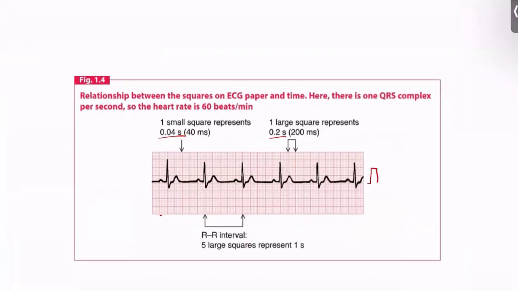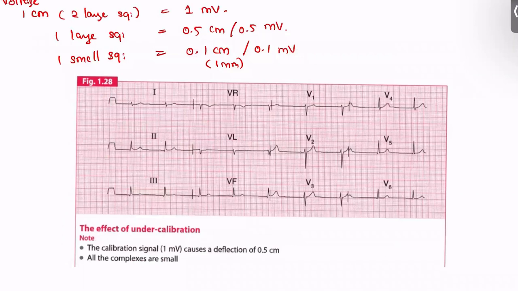Actually, normally it is 1 millivolt and 25 millimeter per second. So here 2 large squares, that is 1 millivolt, is the normal voltage. But in this case, it is only 1 large square.